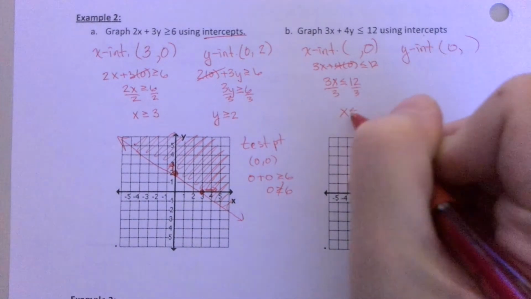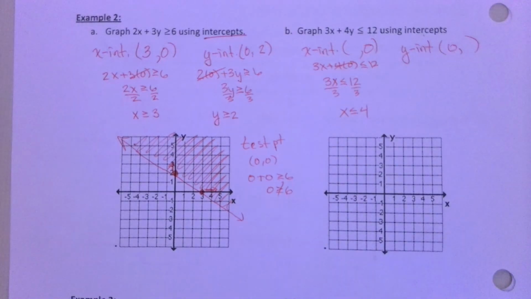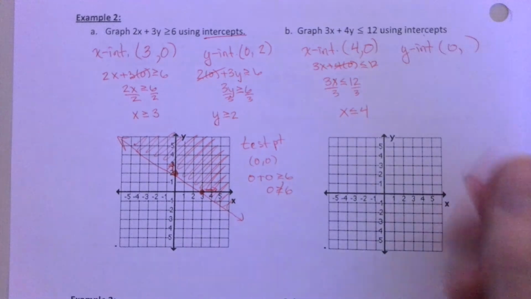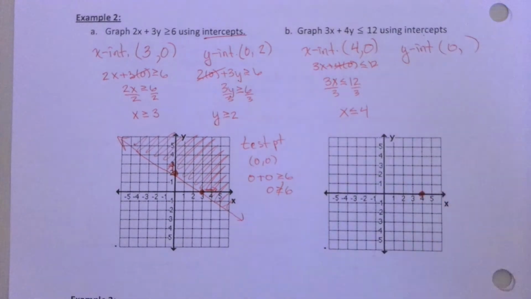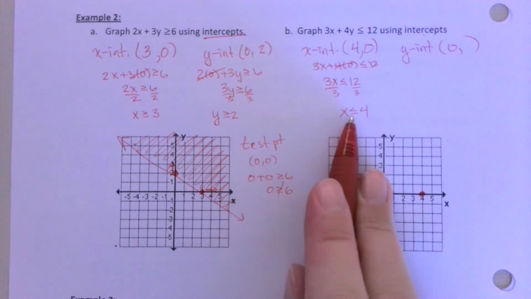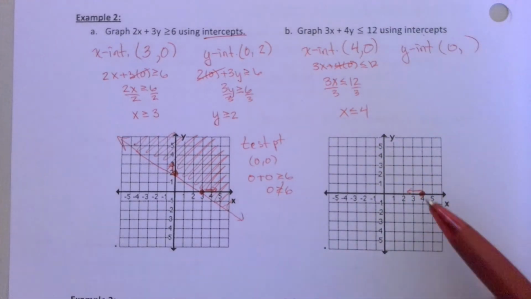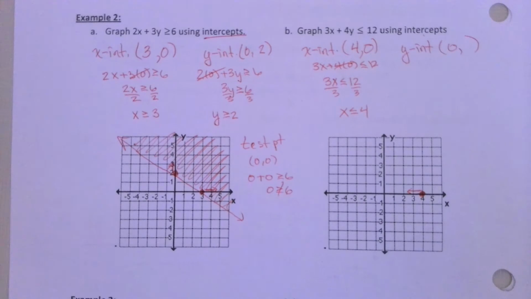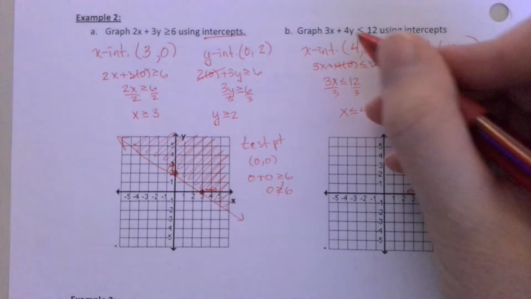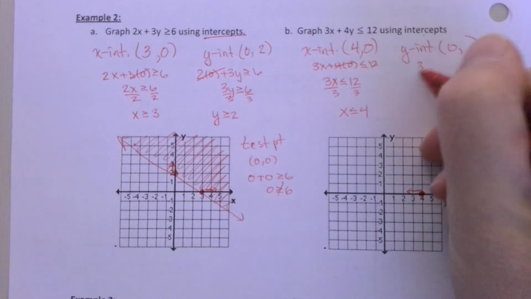X is less than or equal to 4. So here is my ordered pair to get full credit, and here it is on the graph at 4, 0. It said x is less than or equal to 4, so I'd be coming down away from 4, down to the left. Plugging in my 0 for the x value gives me the y-intercept.